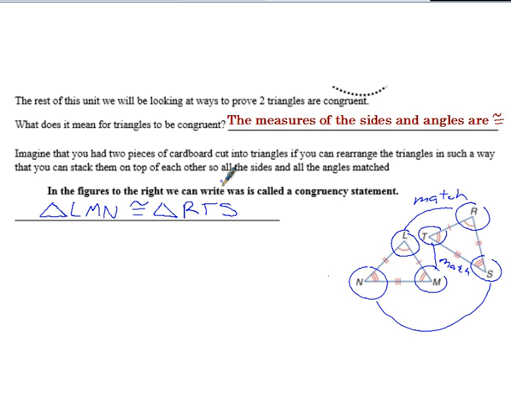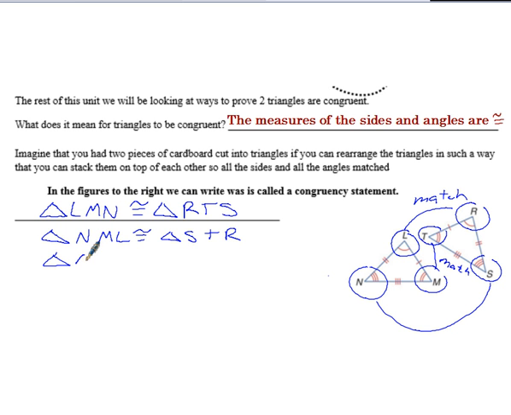Now, is that the only way we could have written this particular congruency statement? No. Another way we could have written this is we could have said triangle NML is congruent to triangle STR. Keeping in mind that N has to match up with S, M has to match up with T, and L has to match up with R. And you can write that in any order that you want.